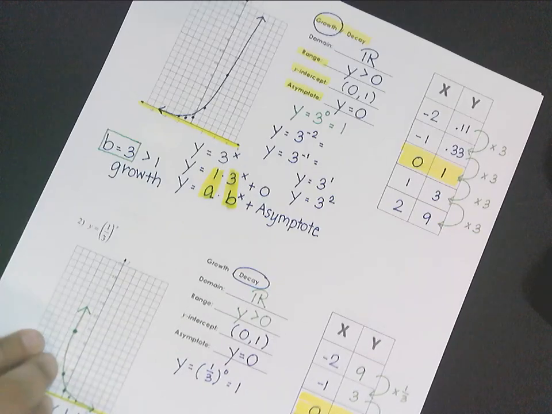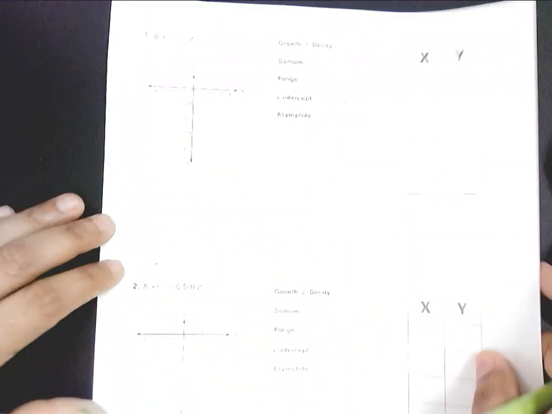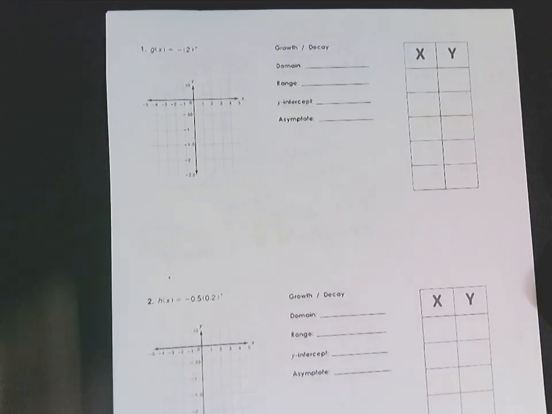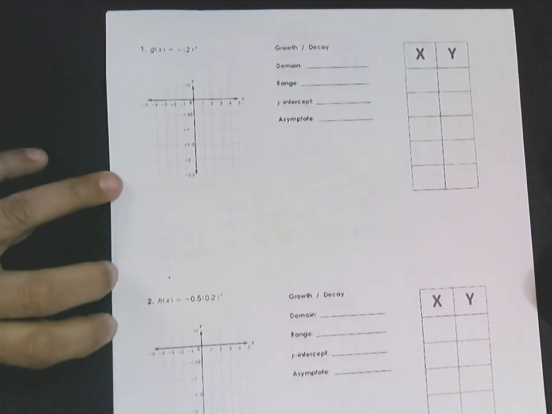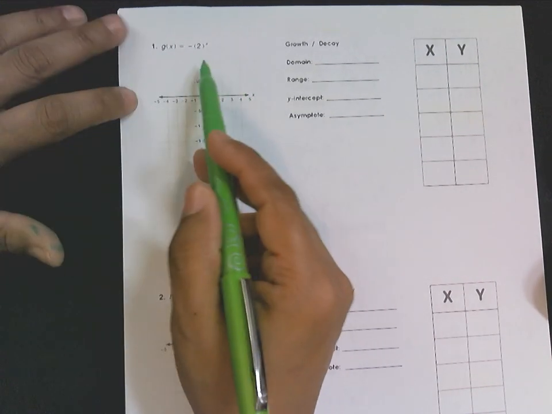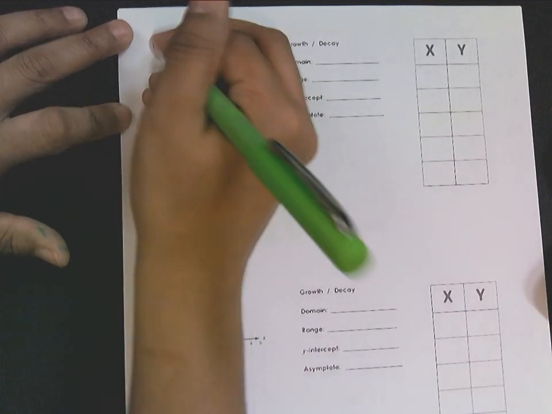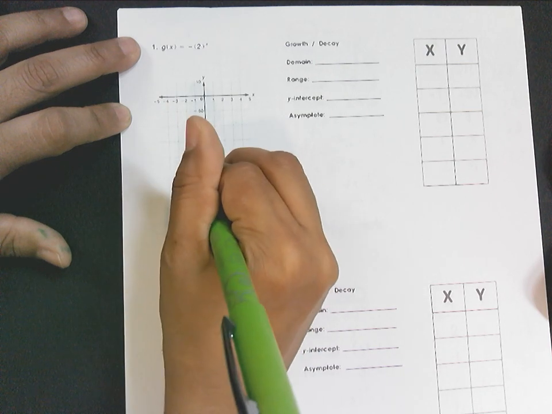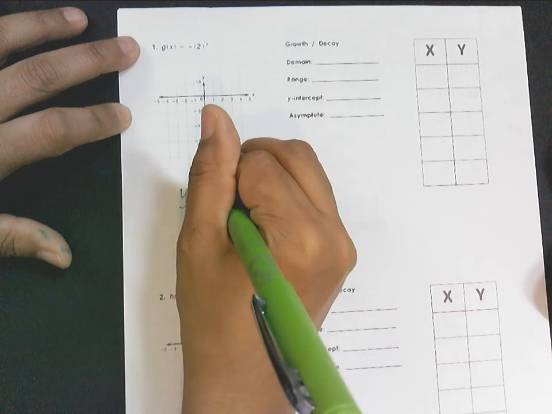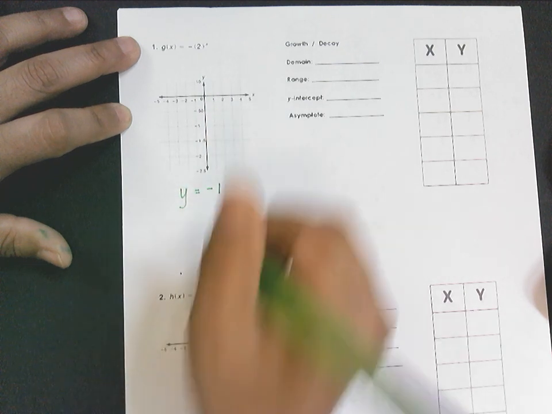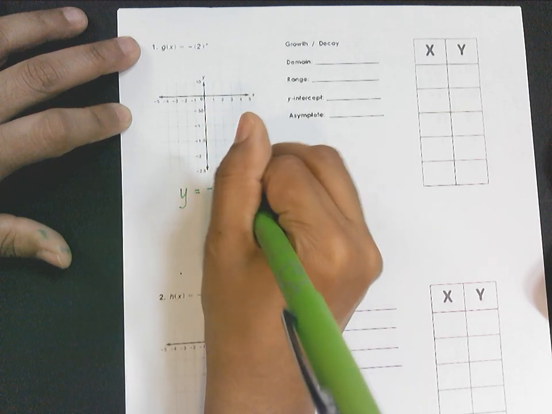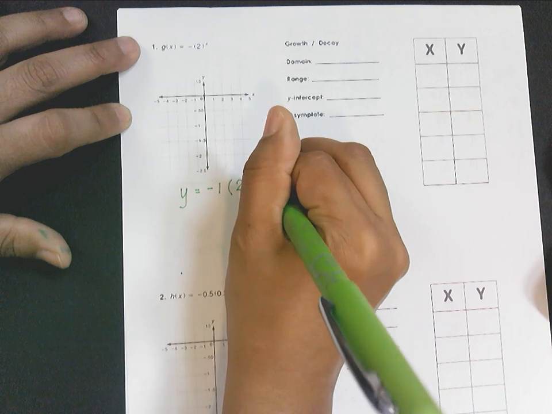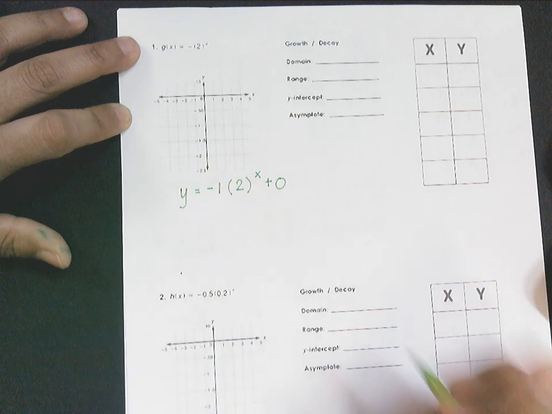So then I'm going to go to another example, but this example, shuffle my papers a little bit, sorry about that. I'm going to change it up a little bit. I have a negative. So that g of x is the same thing as y equals negative 1, because that negative does not belong to that 2, times 2 to the power of x plus 0.